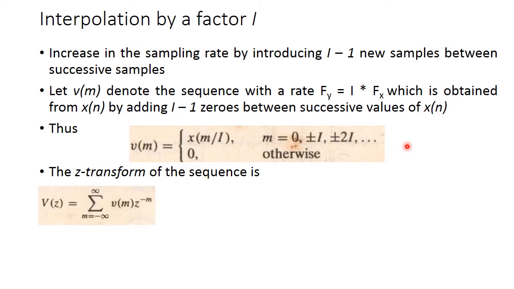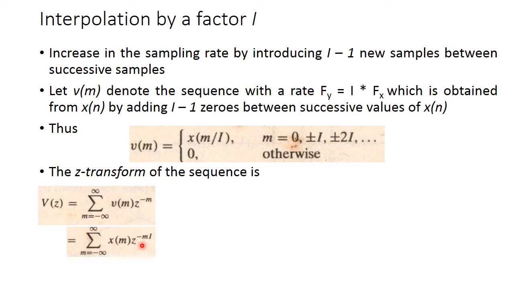If you take the z transform of this sequence v of m, it is equal to summation from minus infinity to plus infinity v of m into z raised to minus m. But this v of m is x of m by I. So we have x of m by I into z raised to minus m.